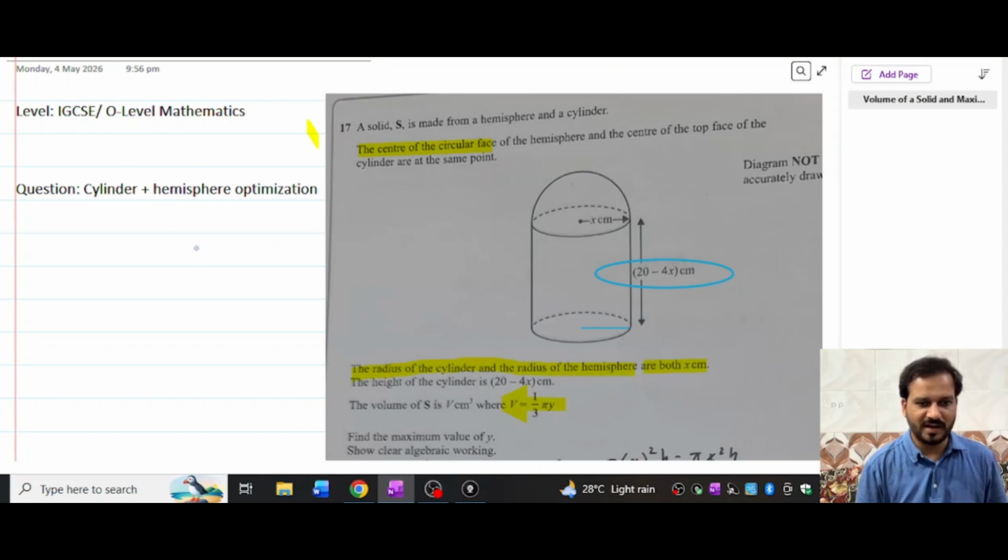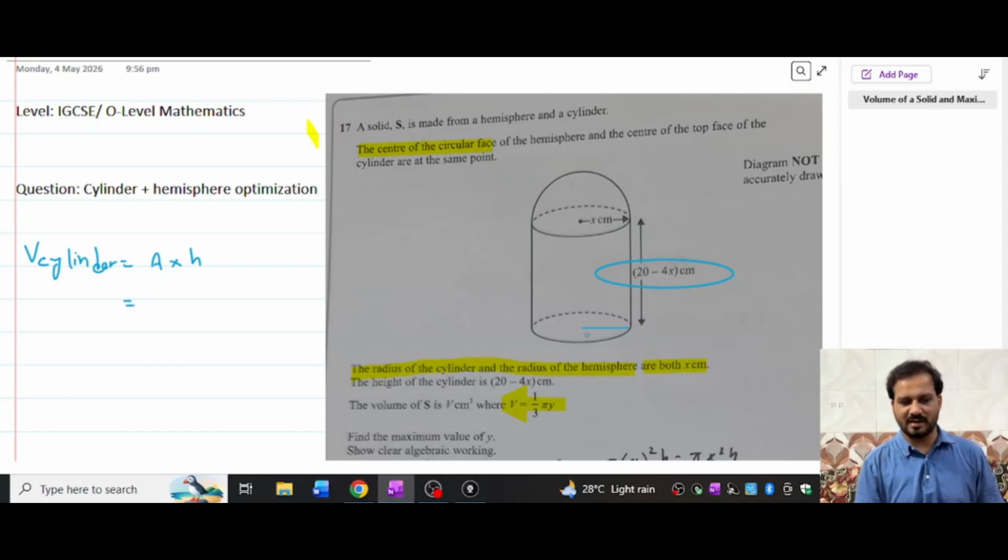First of all, we will find the volume of the cylinder with height 20 minus 4x centimeters. What is the rule for the volume of a cylinder? Volume of cylinder is equal to area of base times height. Since the base is circular and the area of a circle is pi r squared, it will be pi times radius squared times height. Now we'll substitute the values of r and h from the diagram. Radius is x and height of the cylinder is 20 minus 4x.